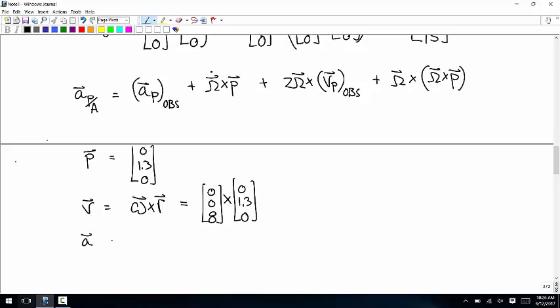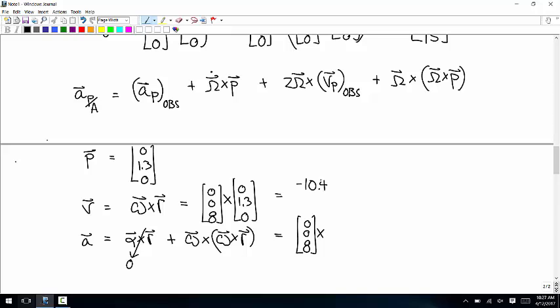And the acceleration vector is alpha cross r plus omega cross quantity omega cross r. This is 0. And so we have 0, 0, 8 crossed with, what did we get for this? Is that 10.4? Same value.